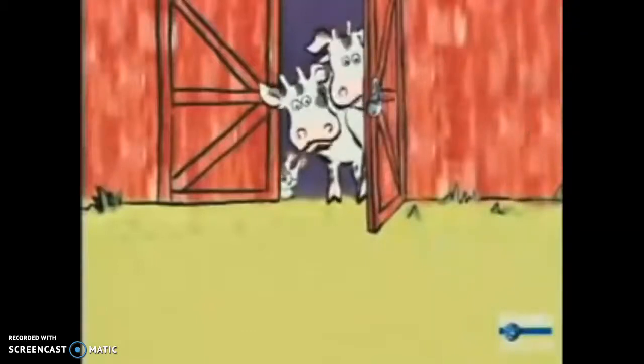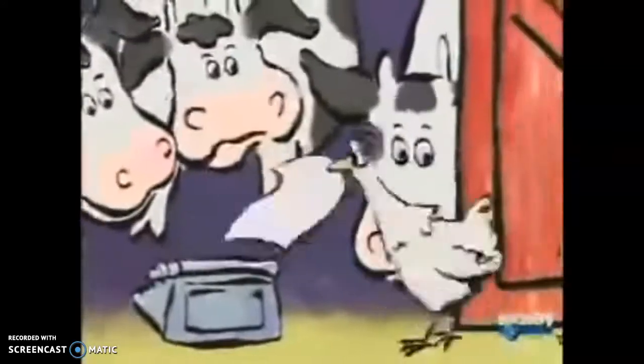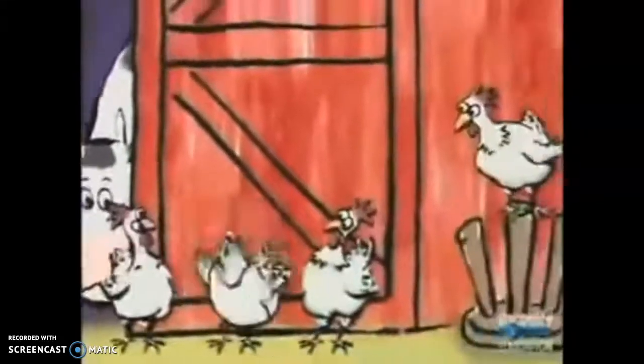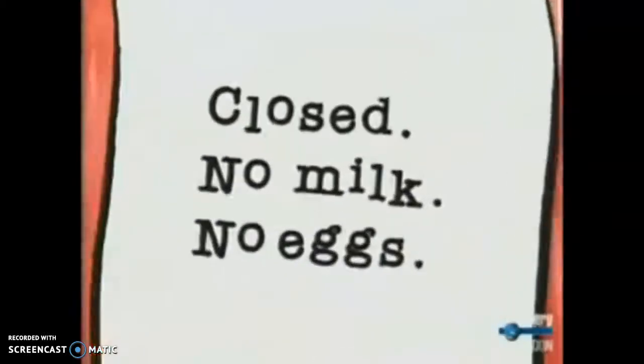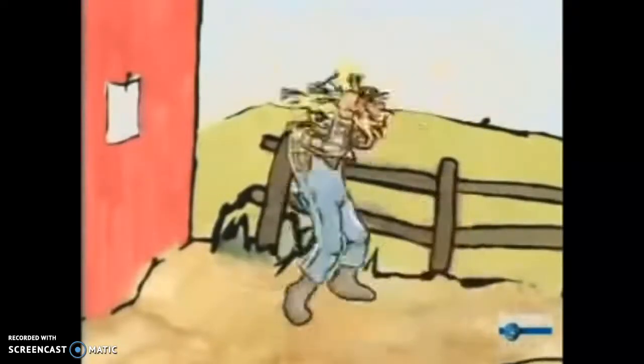The cows were growing impatient with the farmer. They left a new note on the barn door. Closed. No milk, no eggs. No eggs? Cried Farmer Brown.